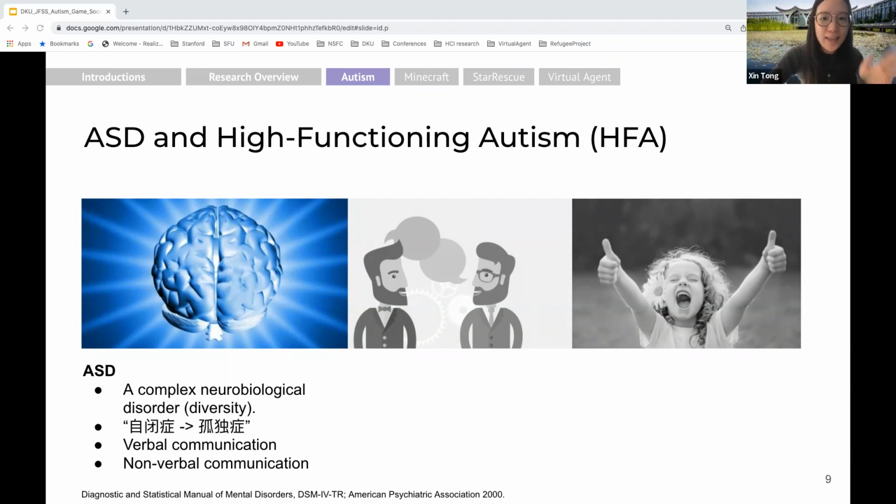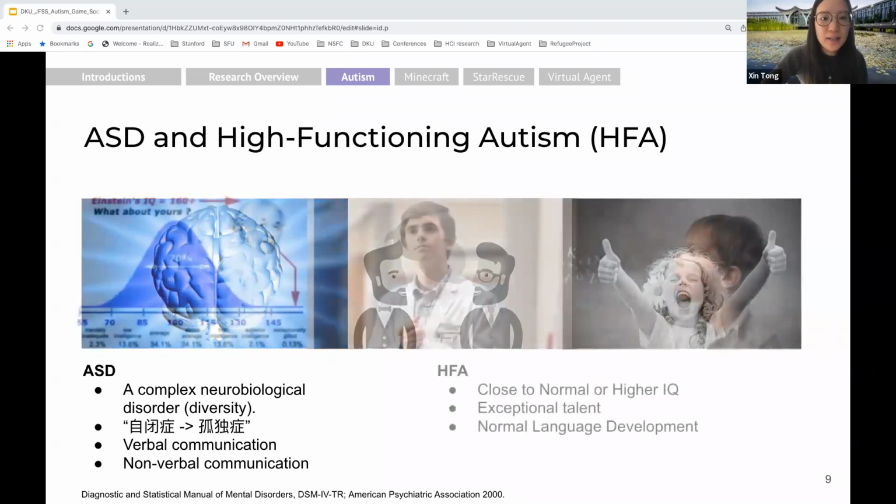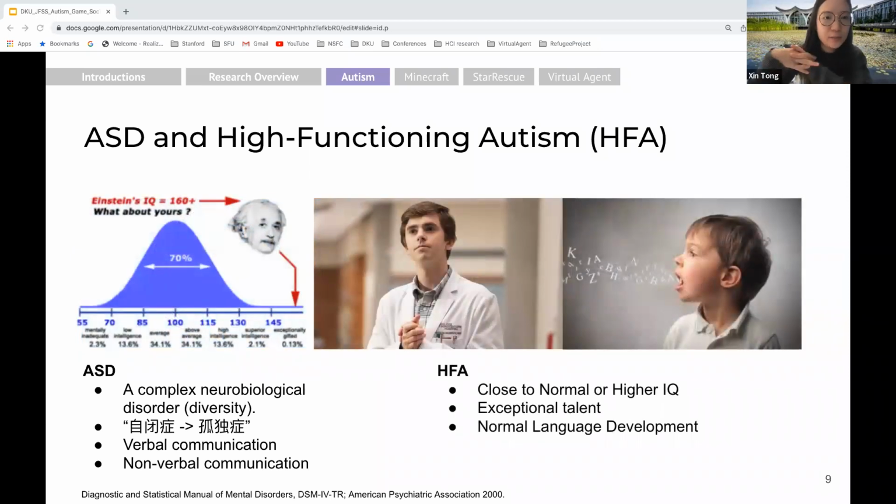So people at one end of the spectrum, like Sheldon, as we said earlier, are usually called high functioning autism. They have close to normal or higher IQ, sometimes they are exceptionally talented, and they can also develop normal language.